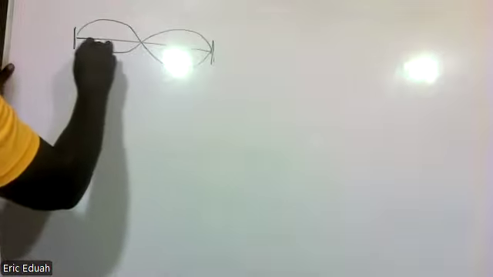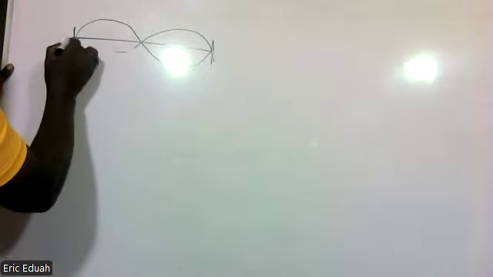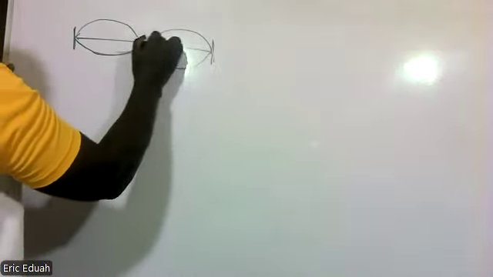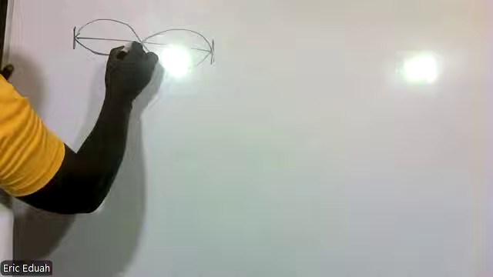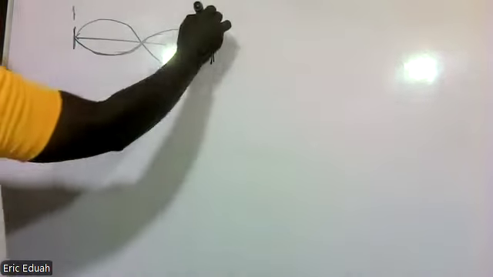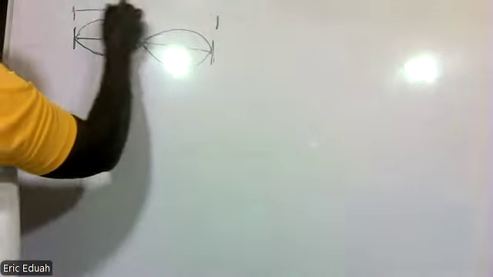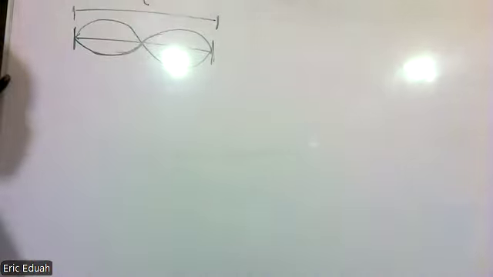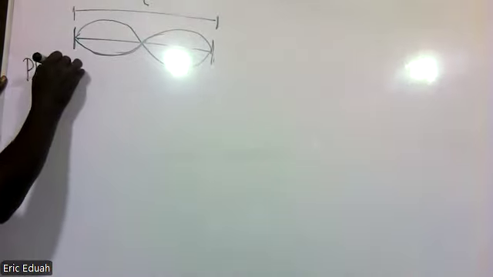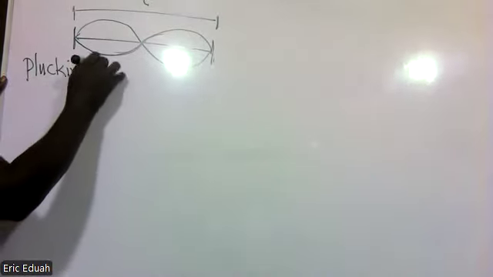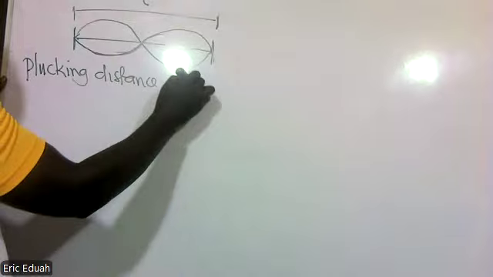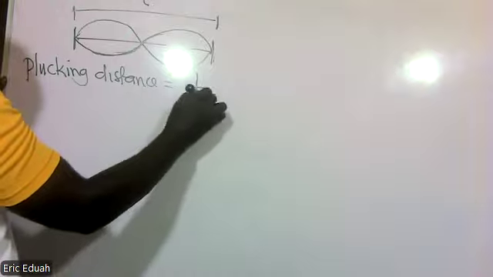Then reflect to form this loop. So we are talking of length L. So the plugging distance is equal to L over 2P.